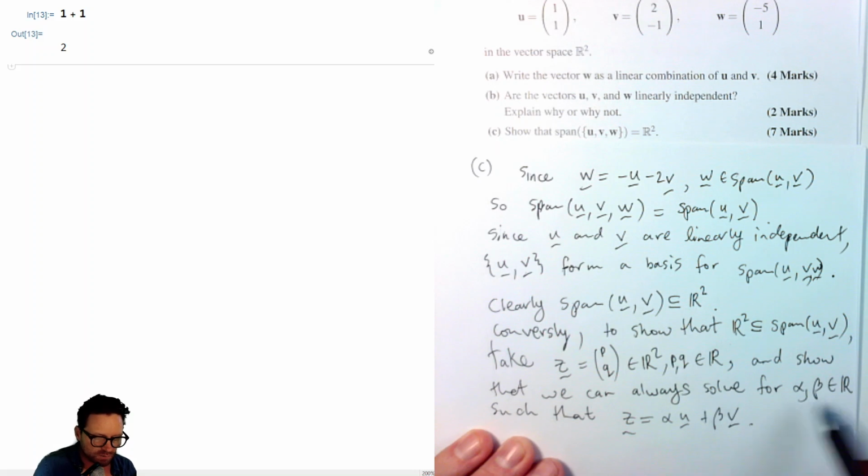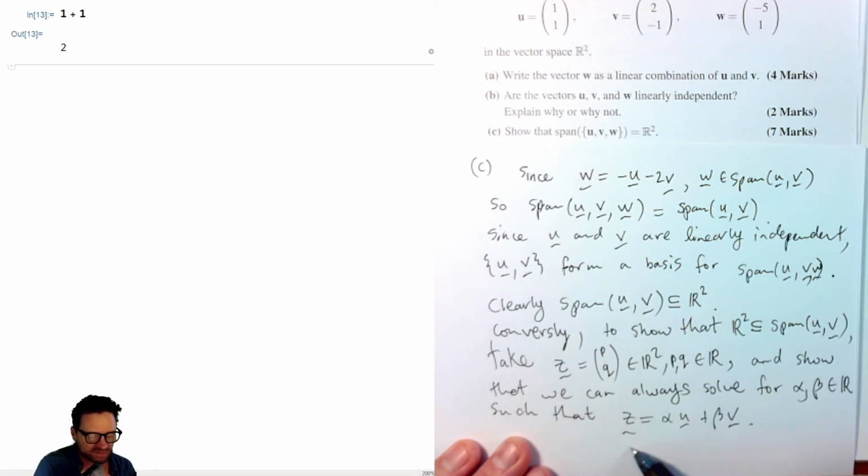Because if we can always solve for alpha and beta satisfying this, then irrespective of what the value of the vector Z is in R2, you can always express Z as a linear combination of U and V, and hence it would be in the span of U and V.